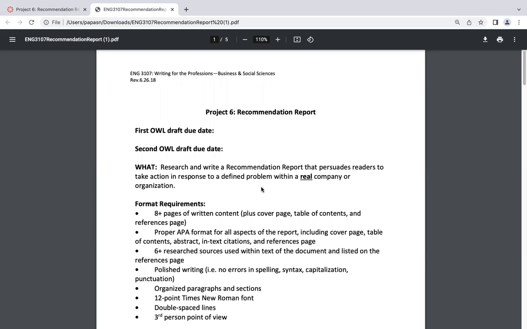Three, you've identified a solution to that problem. Four, you've identified the audience to which you will try, or to whom you will try, to persuade of your recommended proposal.